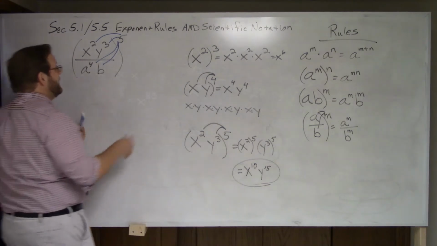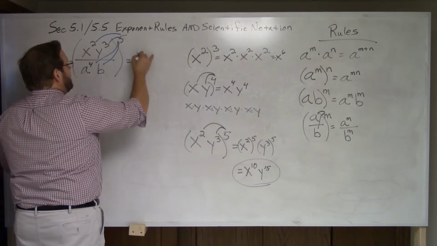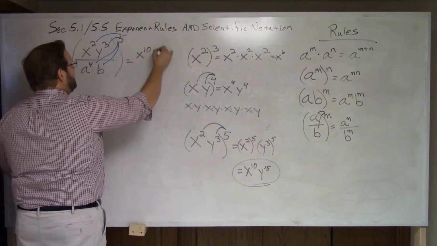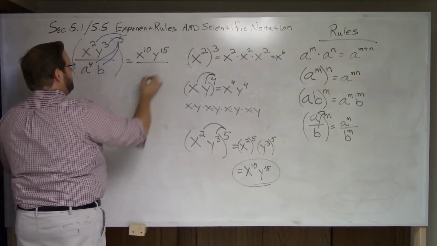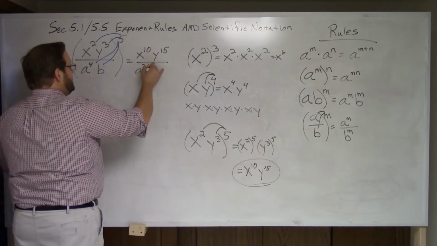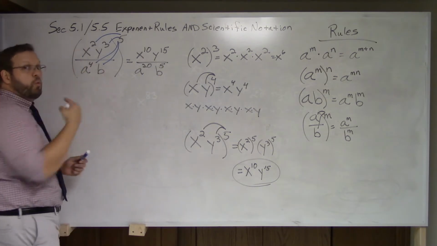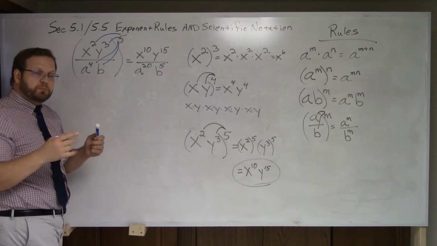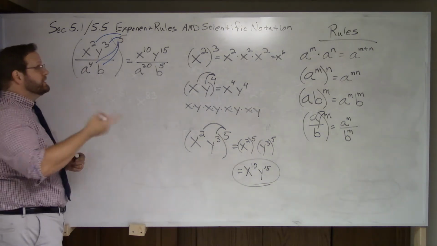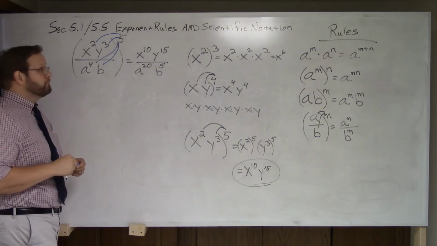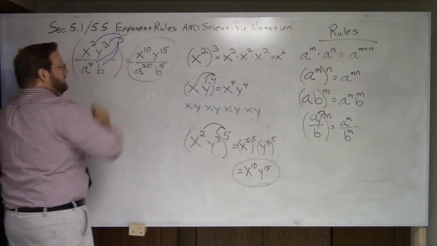Okay, so what we have is an x to the 10th, y to the 15th, and then an a to the 20th, b to the 5th. And that 5th is because, remember, there's a 1 understood to be there. Whenever there's no exponent, it's understood to be 1. So 1 times 5 gives us that 5th. Okay? And there you go.